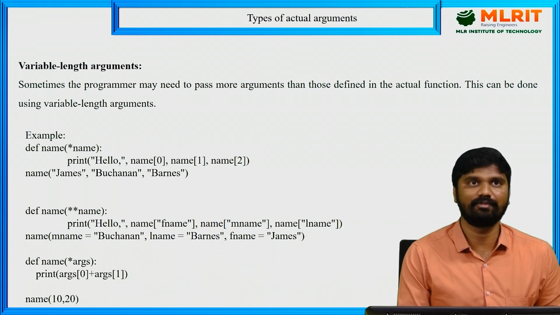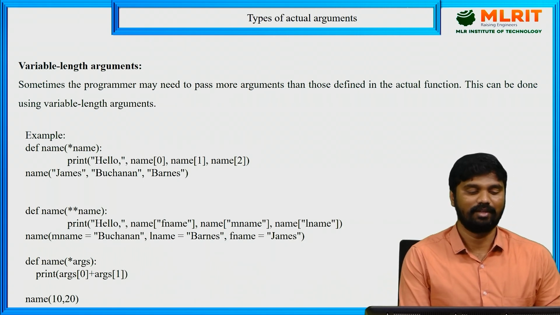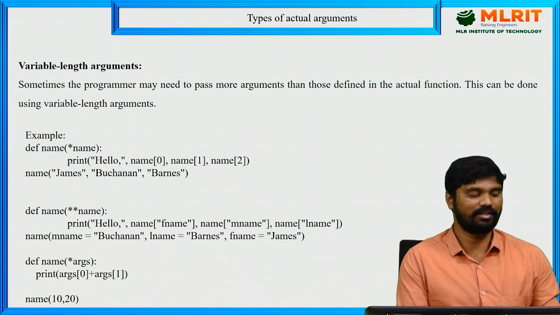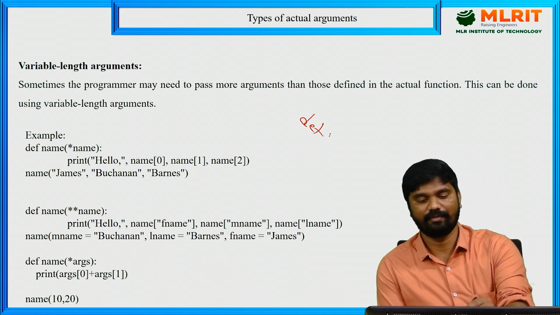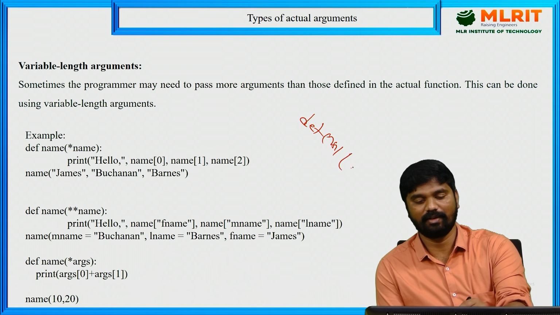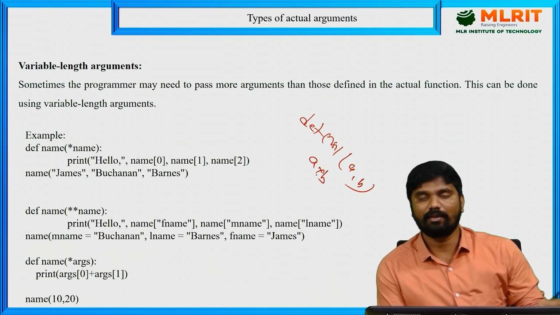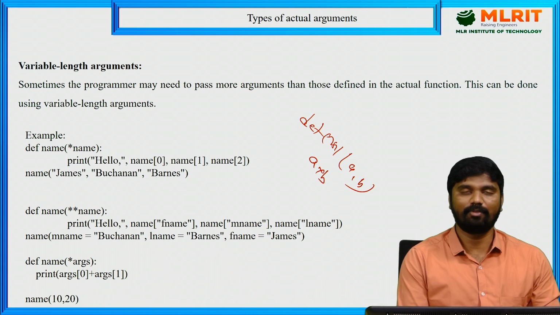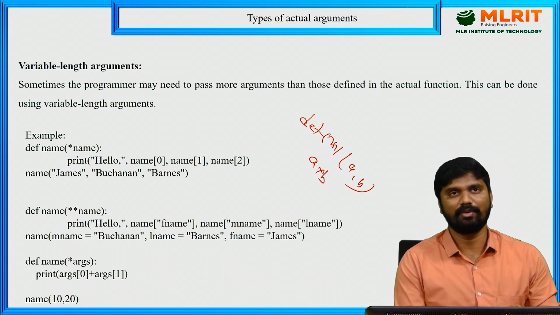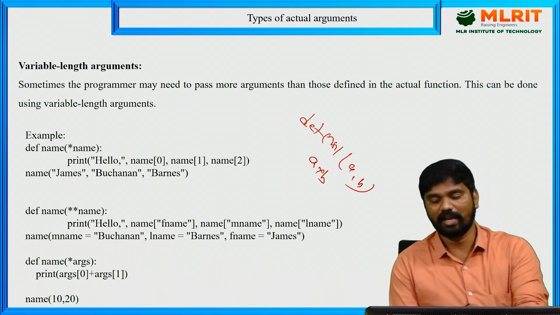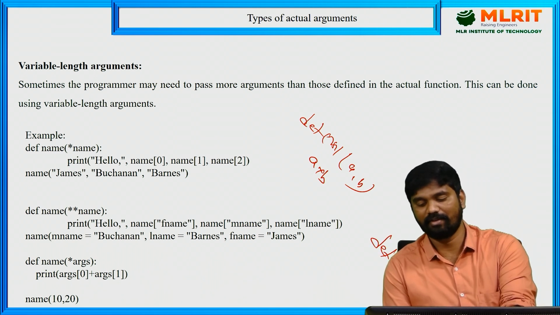Next, we have the variable length arguments. So what is variable length arguments? For example, def m1 a comma b, a plus b. Here my requirement is to add only two numbers. But next time if I want to add three numbers, again I have to define def m1 and pass parameters a comma b comma c.